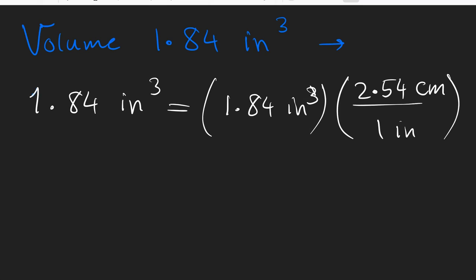So I can make it to the power of 3 because this guy is 1. So 1 to the power of 3 is still 1, but the units are cubed.